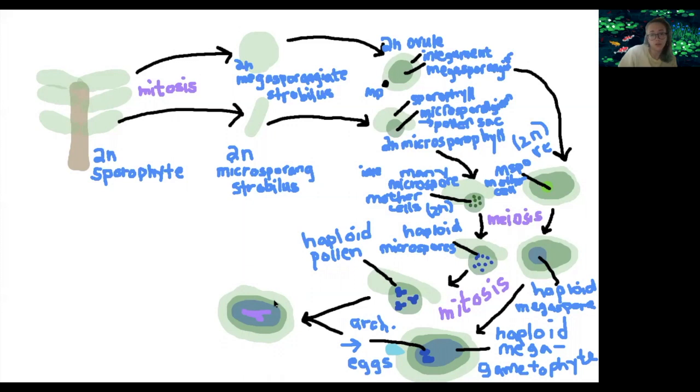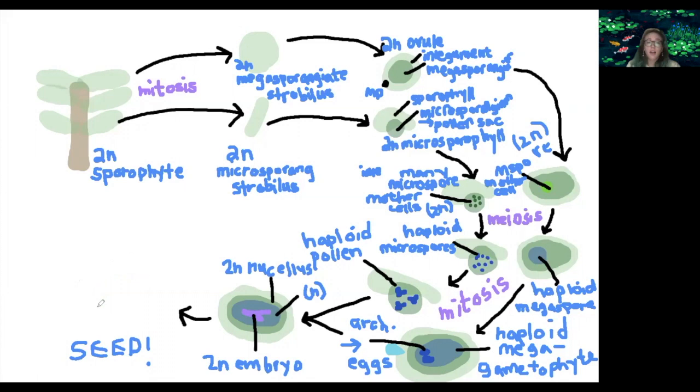That is also called our nucellus. We have our haploid megagametophyte. Okay, so now we have our fertilized egg, our embryo, and what are we going to make in every single gymnosperm? A seed. So this will lead us lastly to our seed.